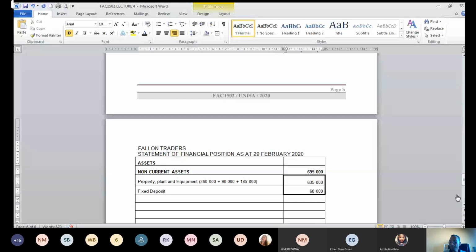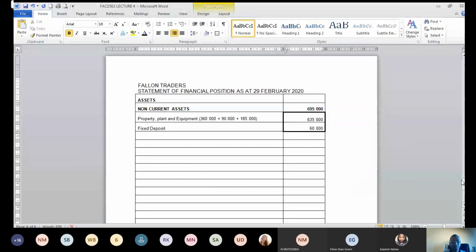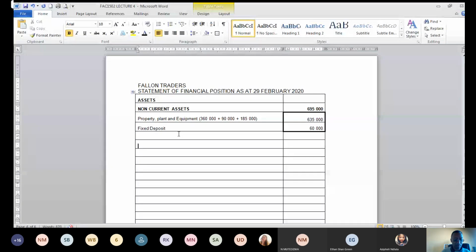Your next heading will then be for your current assets. Under your current assets, there are 4 categories then of your current assets.